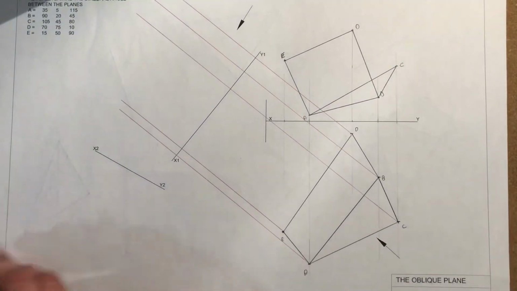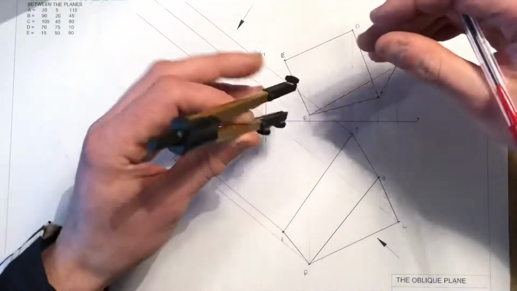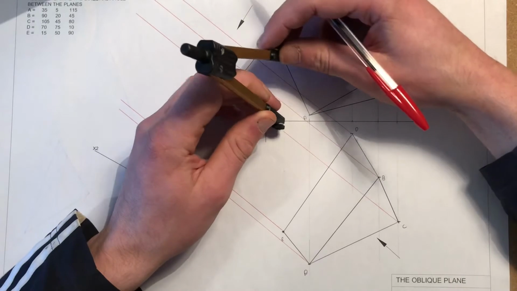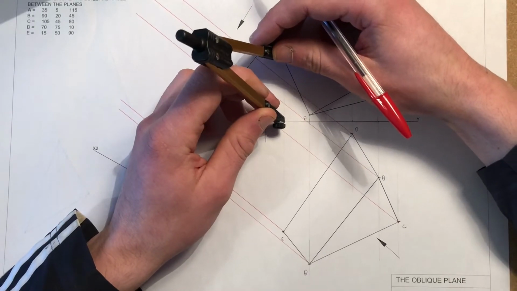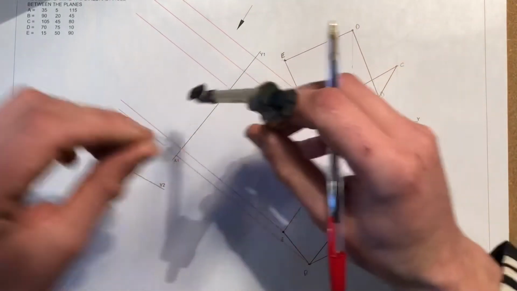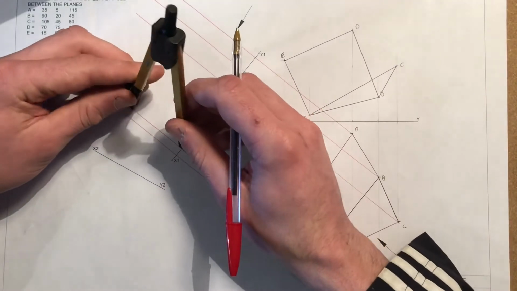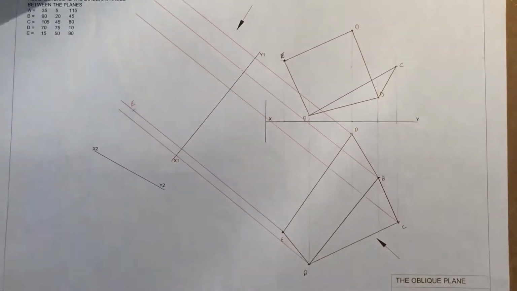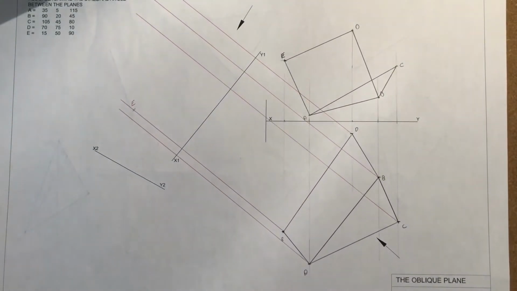Okay, and like we did before, we take our height from our elevation. So I'm going to take the height of E here, and I'm projecting up there. And that's point E up there then.